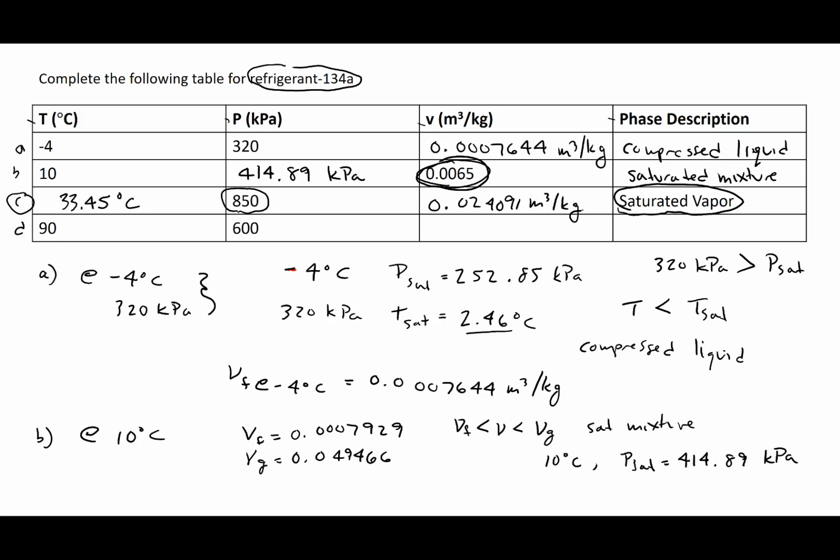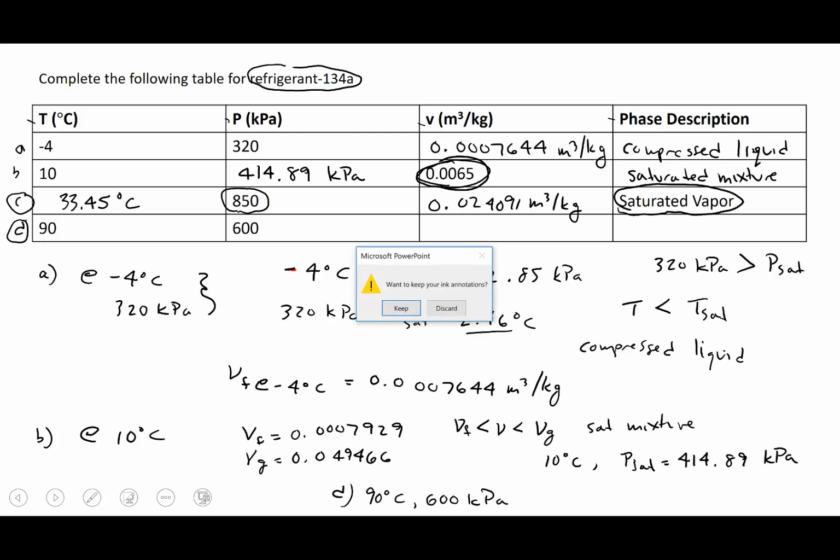All right, now let's do this last one, D. For D, we're given a temperature and pressure of the refrigerant 134A: 90 degrees Celsius and 600 kilopascals. What I'm going to do is look up the saturation temperature at this pressure, so at 600 kilopascals. Let's go to our table.